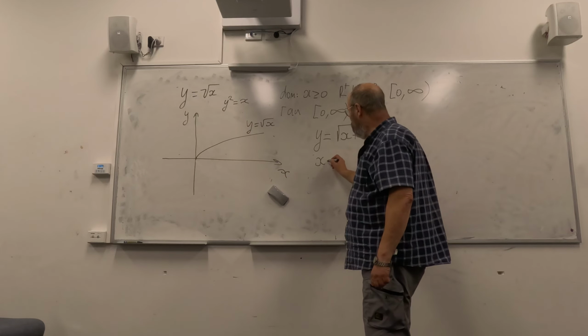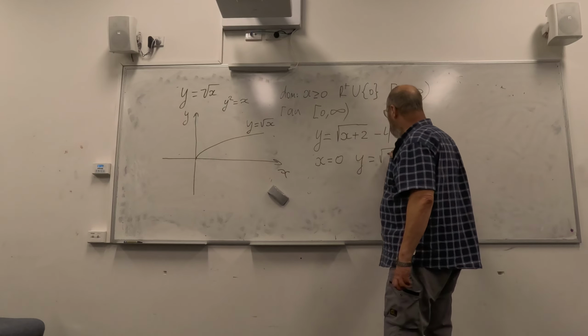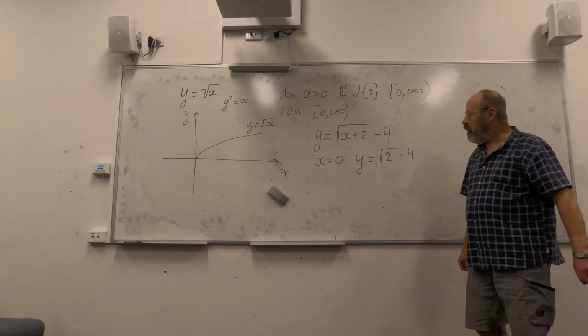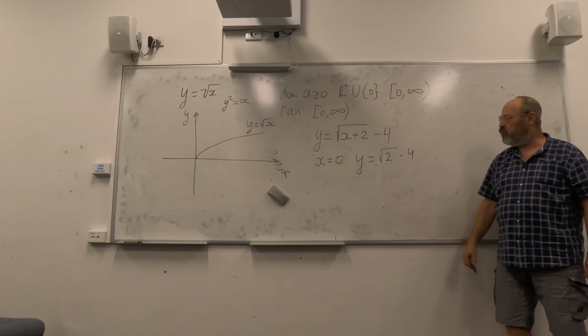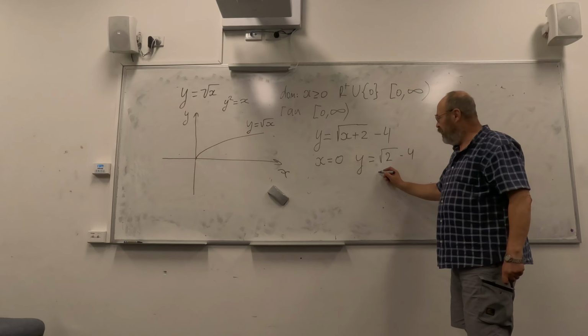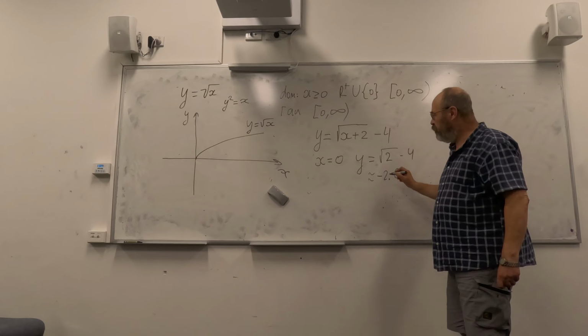So, x equals 0, y will be equal to square root of 2 minus 4, which is approximately square root of 2, about 1.4, minus 4, approximately negative 2.6, just to have an idea where it will be.